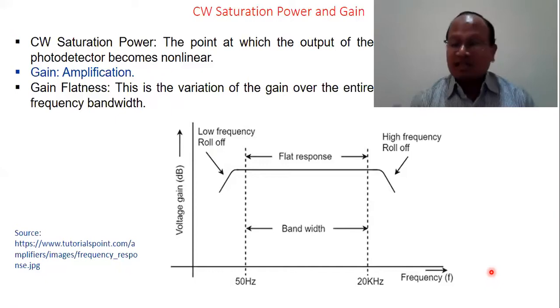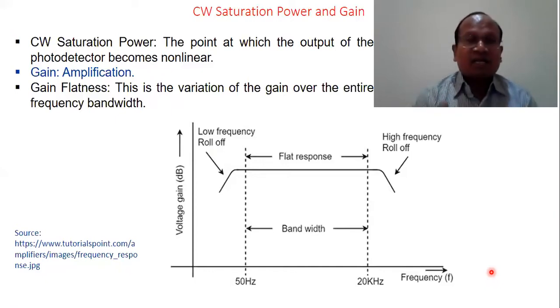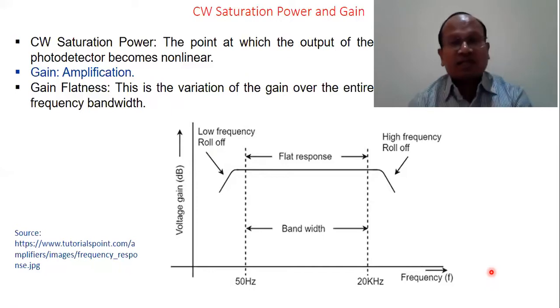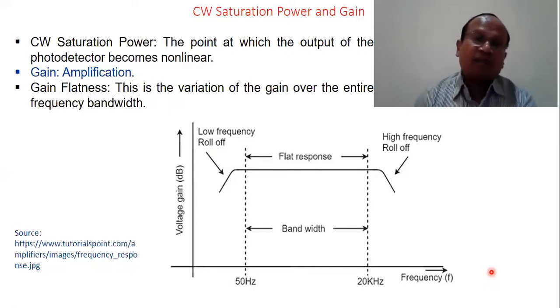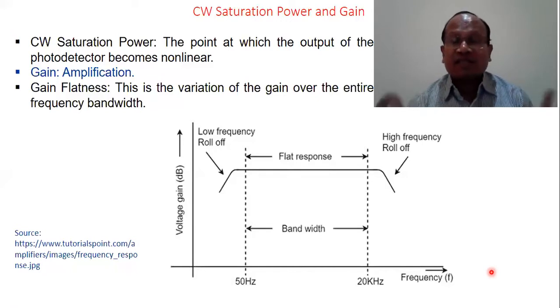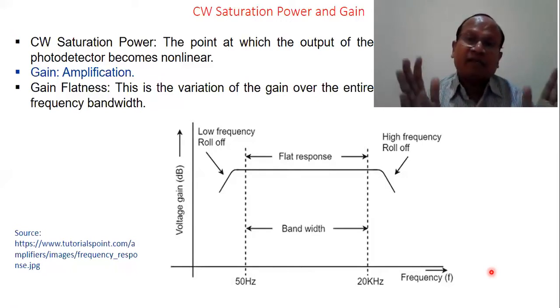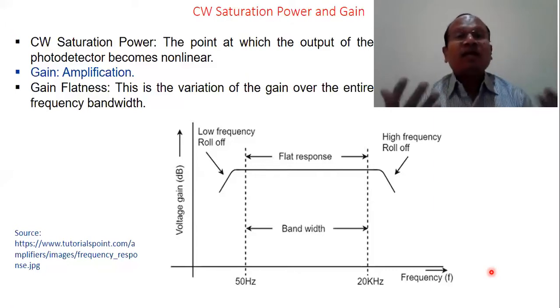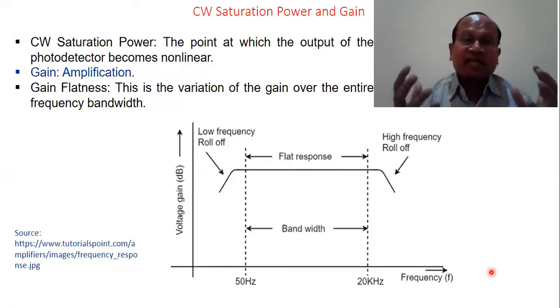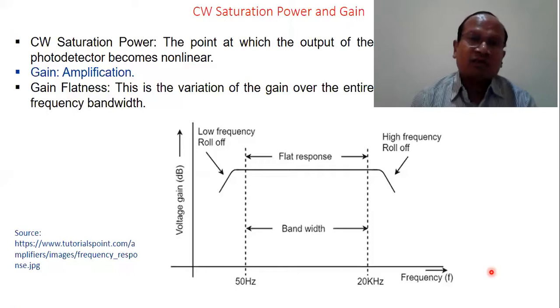So it describes how much variation it has. If it has variation, it will not be flat. If it does not have variation, it's flat. It means constant gain; in other words, we call it stable gain.